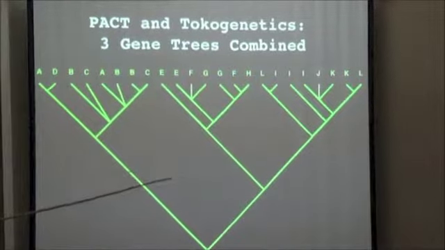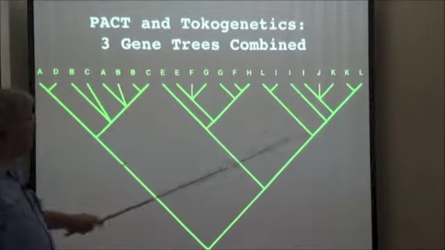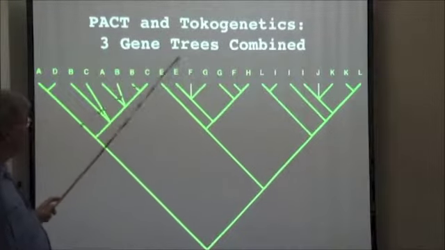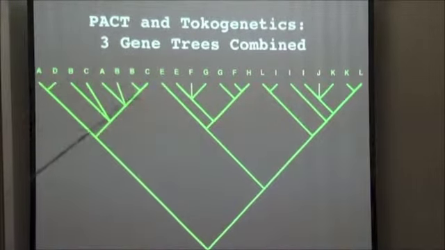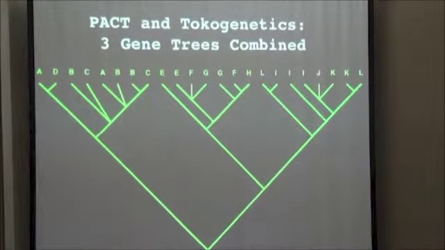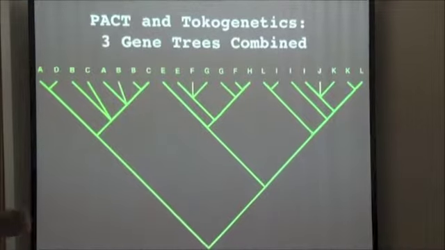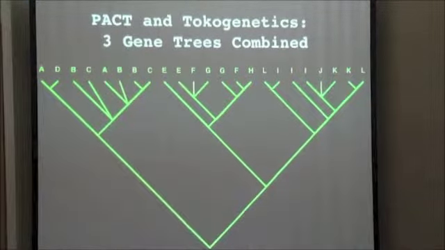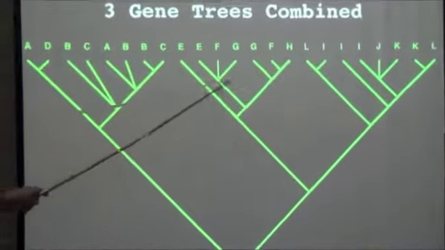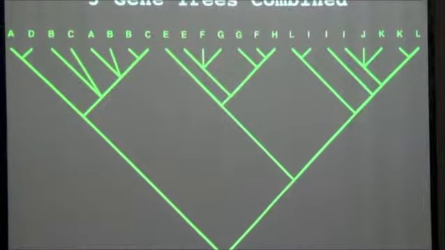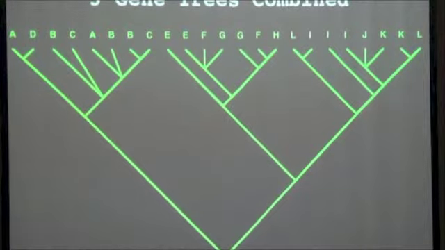There are actually 3 independent lineages here, and the reticulations are all within the populations within those lineages. So we see a lot of evidence of reticulation, but we don't see any evidence of reticulations between these 3 lineages.